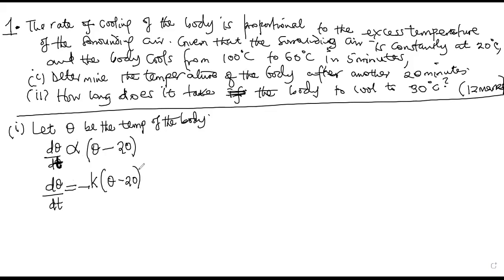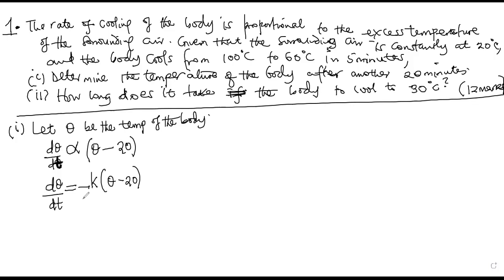The reason I'm using negative k is simply because the body is cooling. The moment there is an aspect of cooling, you really have to bring in the negative. If there is decaying, negative aspect.